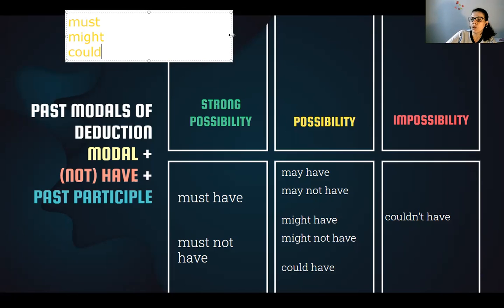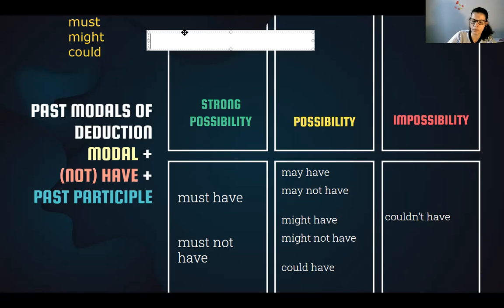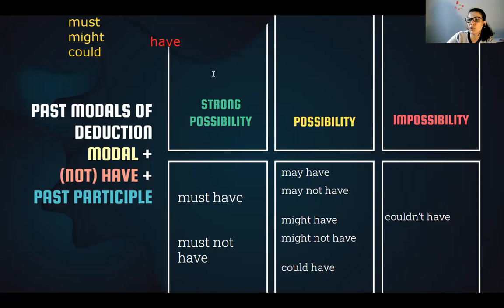And we also use the verb have or not have, okay. And we also use the past participle.